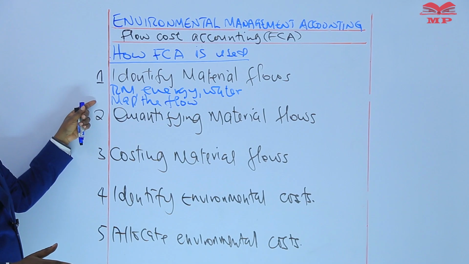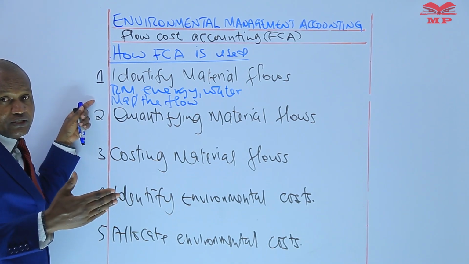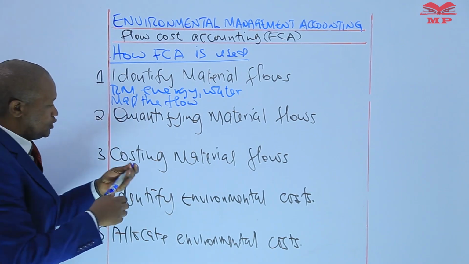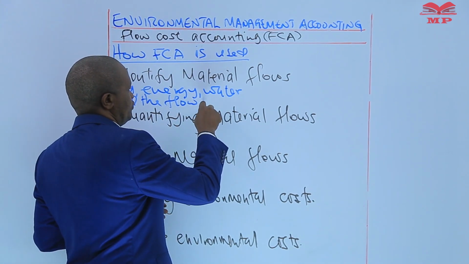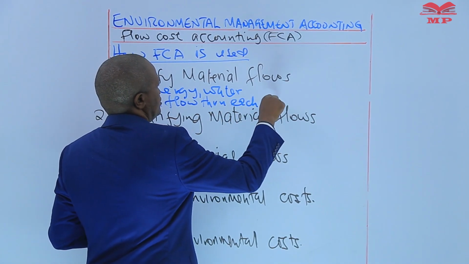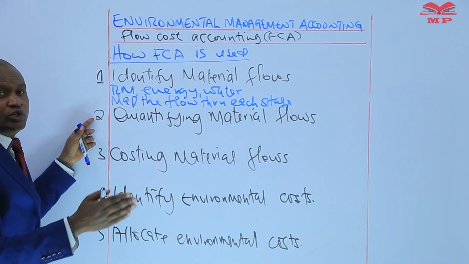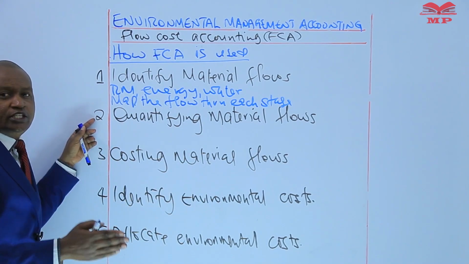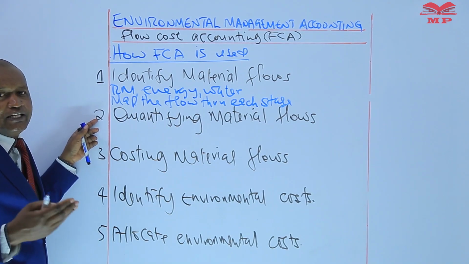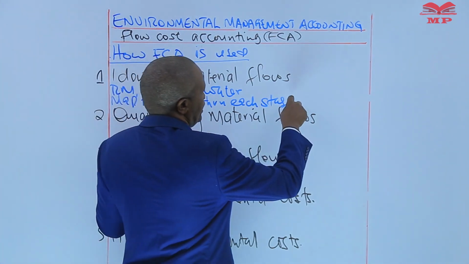You understand? You map the flow of the raw materials through each stage of the production process. And when doing that, you identify the points of waste and the points of inefficiency.